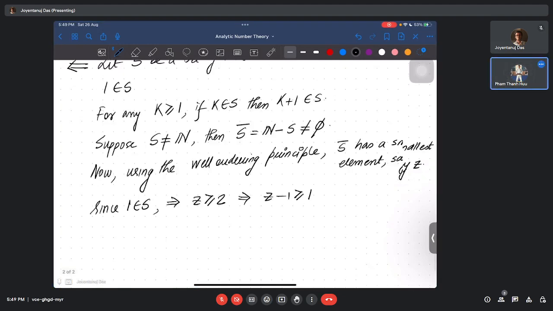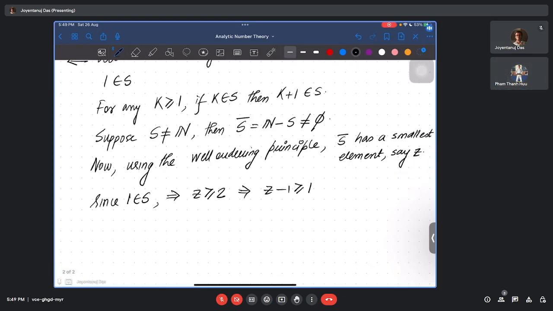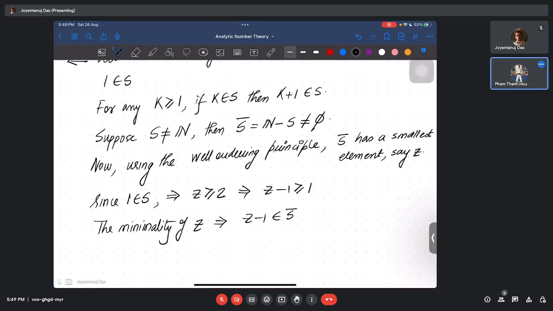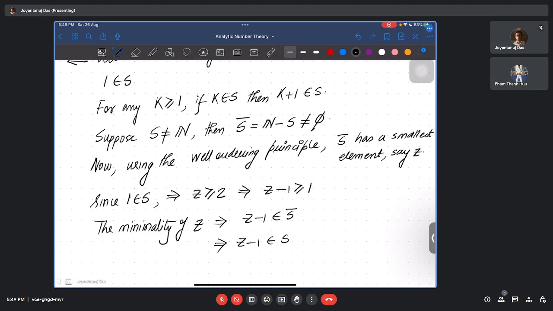Since Z is the smallest, the minimality of Z implies that Z minus 1 cannot belong to the complement of S. So Z minus 1 must belong to S, because we are taking the complement, right?